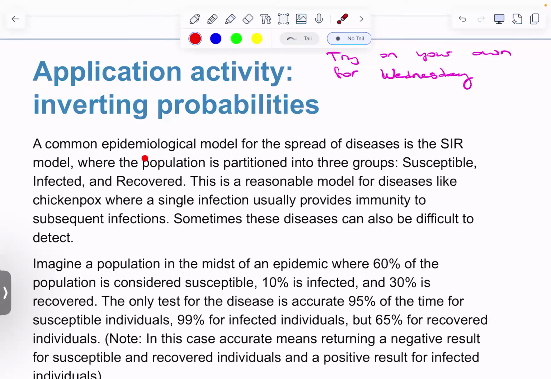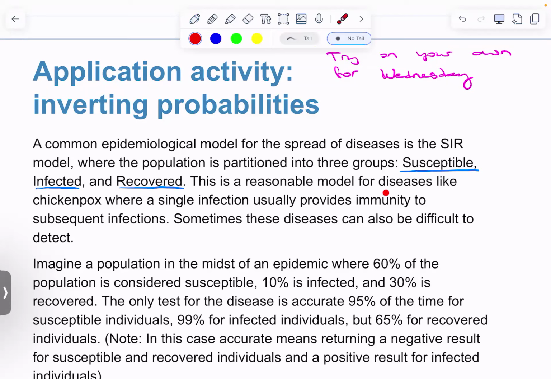And so a common epidemiological model for the spread of diseases is the SIR model, where the population is partitioned into 3 groups. You can either be susceptible, infected, or recovered, right? You're going to be one of these 3, and those are all your options.